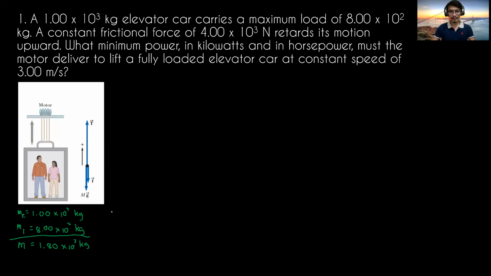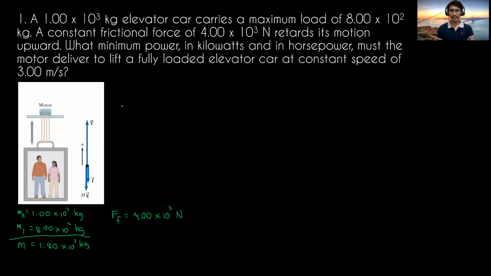Green pa din, no? Kasi given. So we have the frictional force. Saan ko ilagay? Dito na lang, no? Sige, dito. We have the frictional force, which is 4.00 times 10 to the power of 3 Newton. Ayan. That's the frictional force.